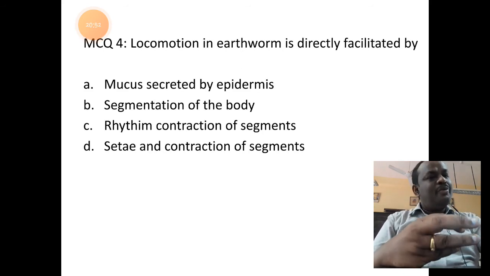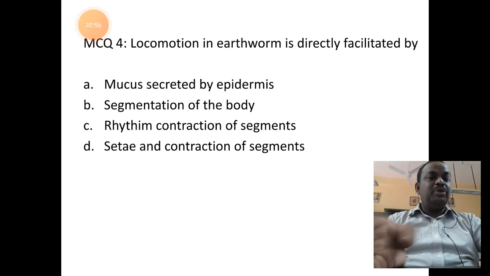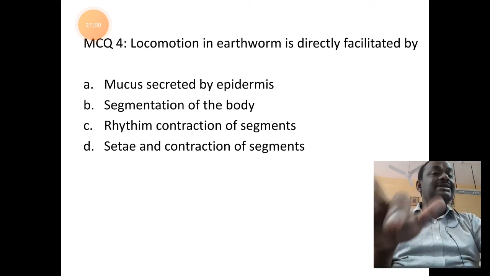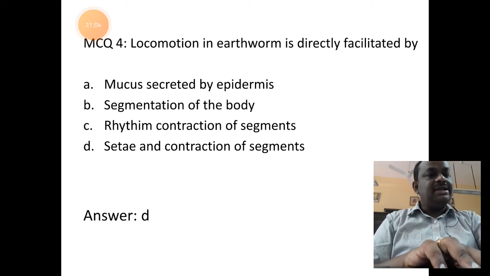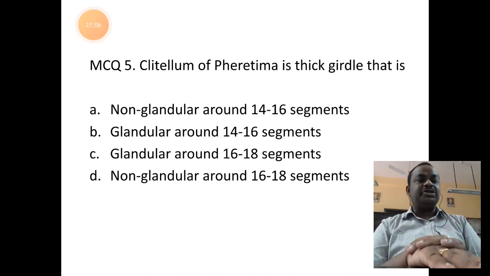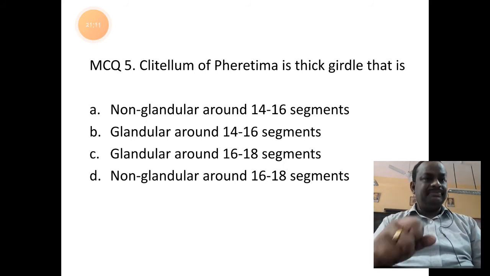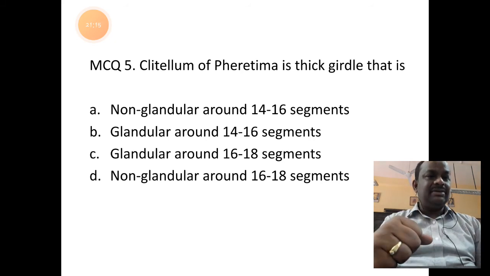Fourth question, locomotion in earthworm is directly facilitated by what? Mucus, segmentation, rhythmic contraction of segments, setae and contraction of segments. So, it is D, setae and contraction of segments. Fifth question, the preclitellum of Pheretima is a very thick girdle. What is the speciality of it?